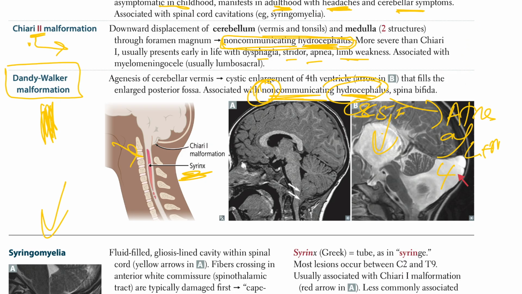This causes aqueductal stenosis, and we will talk about this as well, and you'll see what that aqueduct is later on in anatomy, I think. Because you are also messing with the medulla, you are going to present with dysphagia, stridor, apnea, and limb weaknesses. All of that is there. Okay.